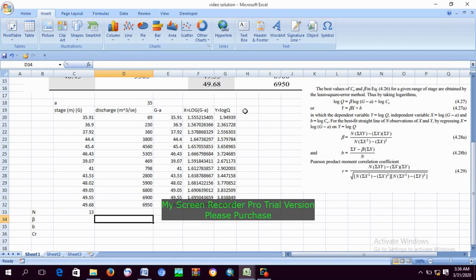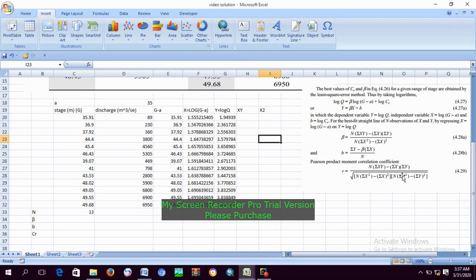Then you can calculate xy, x square. First calculate this parameter. If there are some parameters left that are required, we can calculate them.